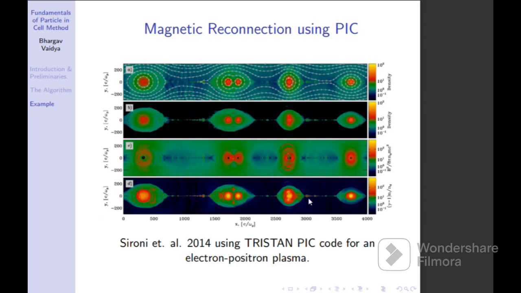Okay. So I think we will stop here. I just wanted to give you a glimpse of the particle in cell method itself. Of course, there are several open source particle in cell codes available in the community. PLUTO basically has some version of particle in cell, but essentially it's combined with chemistry.